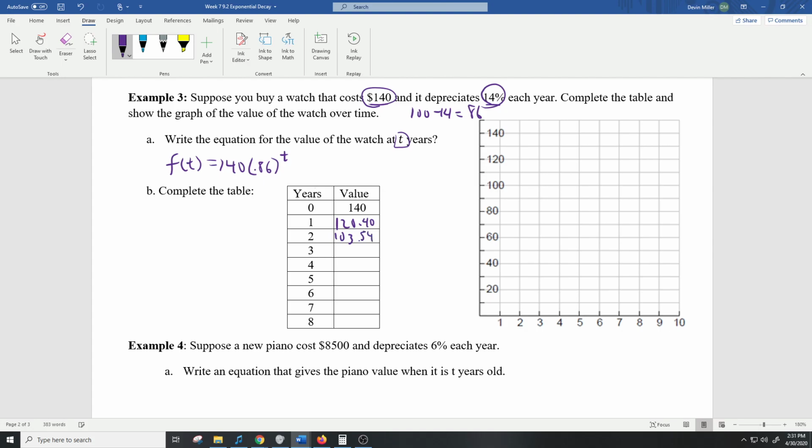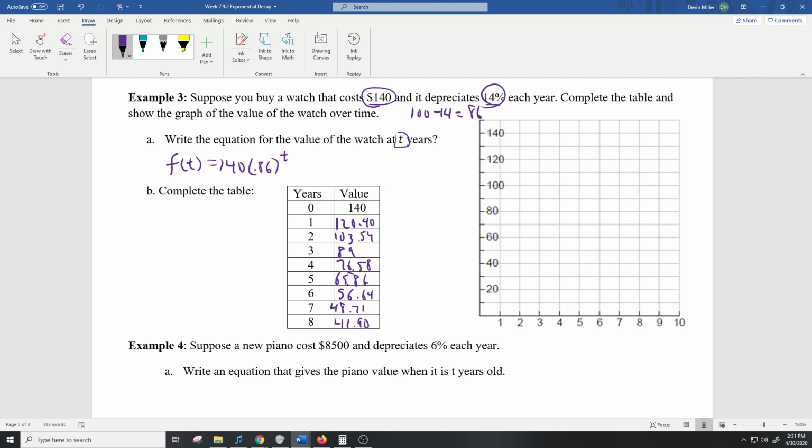You don't have to be very specific because when we graph this, it's going to be a big estimate anyway. 3 is 89. 4 is 76.58. 5 is 65.86. 6 is 56.64. 7 is 48.71. And 8 is now worth $41.90 if we round it up.